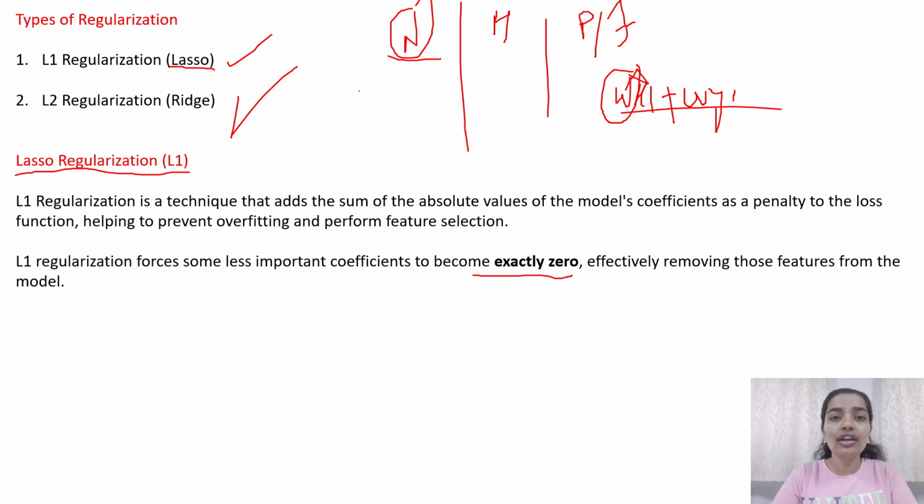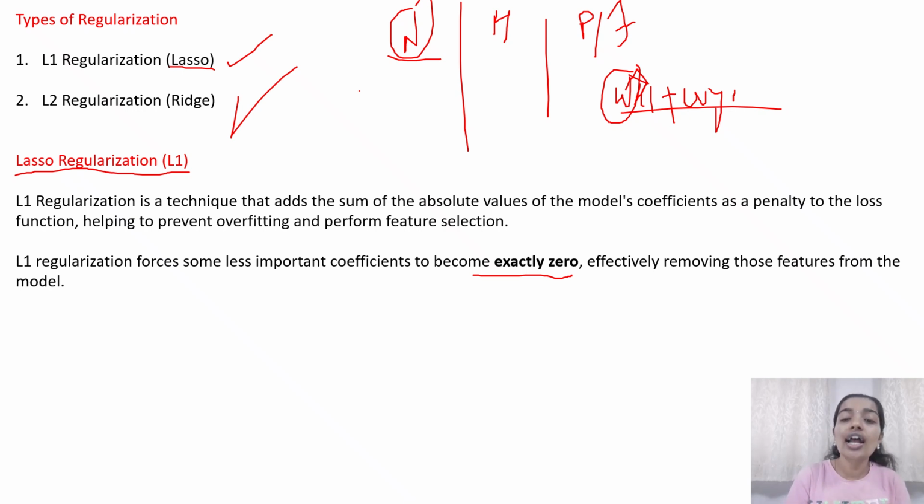We use Gini index and information gain. These two concepts are used there to find out which feature will give us the best results, and we will pick up only those features. So this is again feature selection. There are a few models which have this capability to perform feature selection built in, and Lasso regression is one of them. Remember that L1 regularization and L2 regularization both try to reduce overfitting.